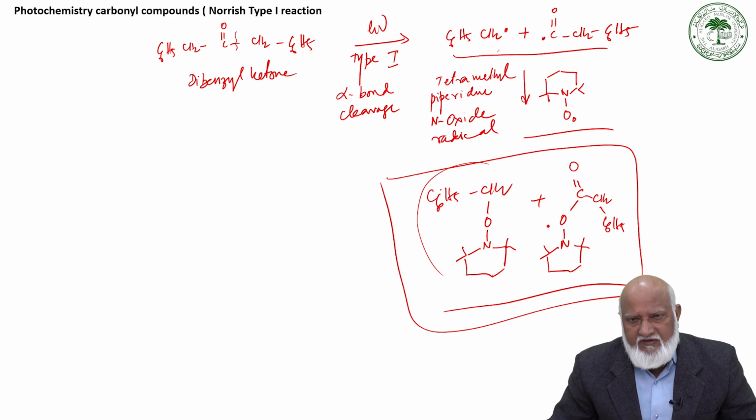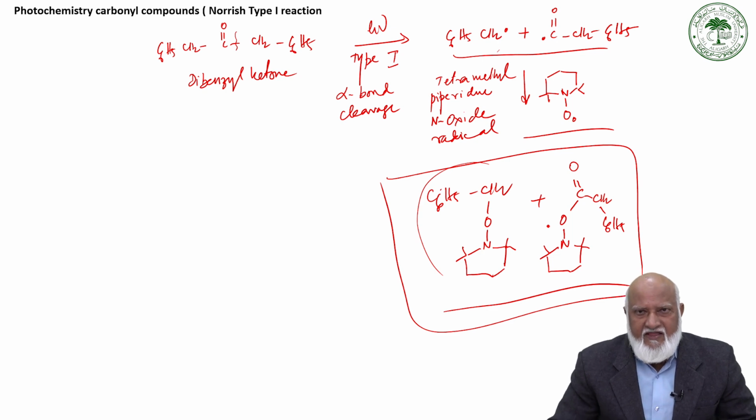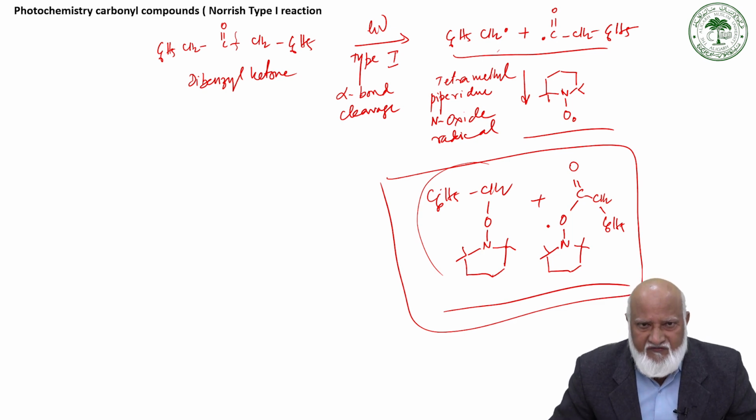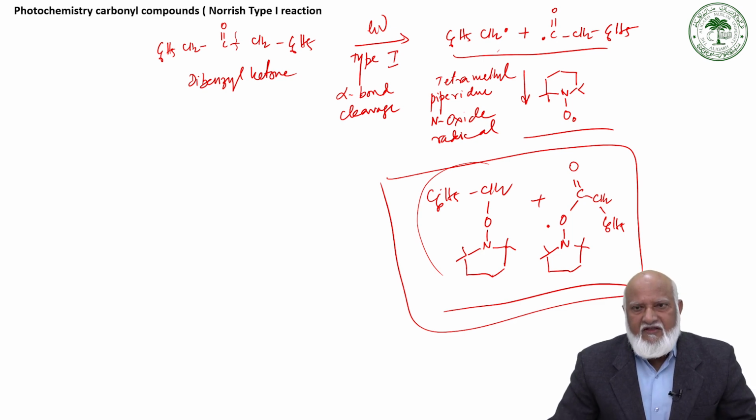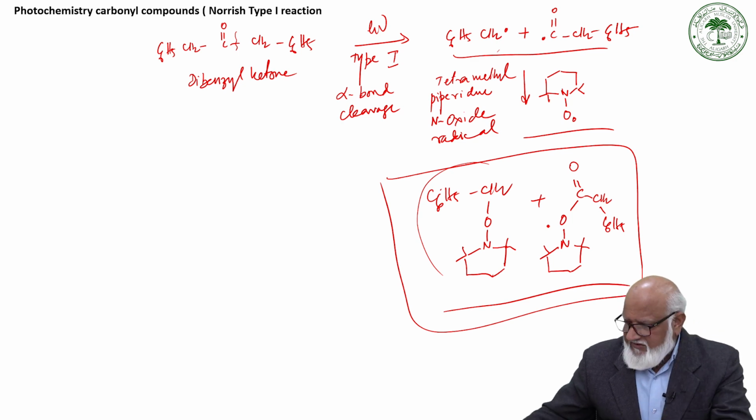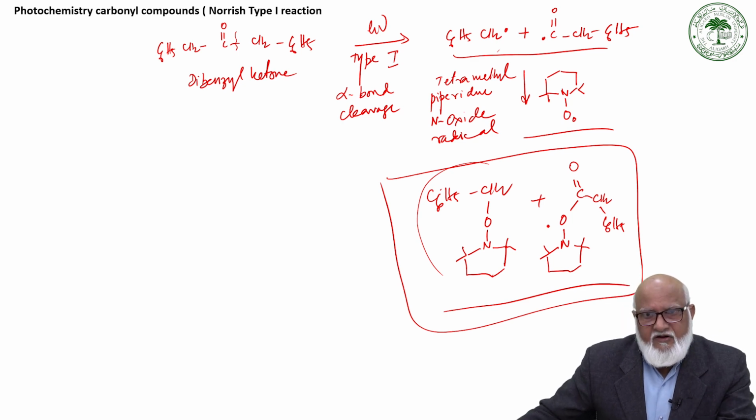The formation of these products very clearly indicates that the first step in the Norrish type 1 reaction is alpha bond cleavage, giving an acyl radical and a carbon center radical, which further undergo decarbonylation and radical coupling and so on. So this is well established beyond doubt.